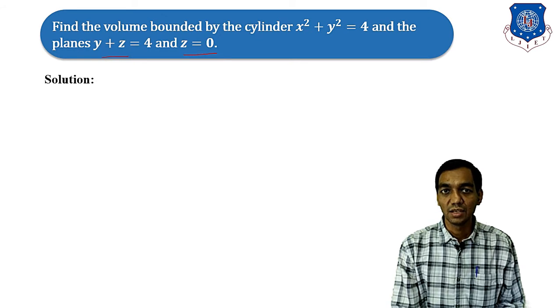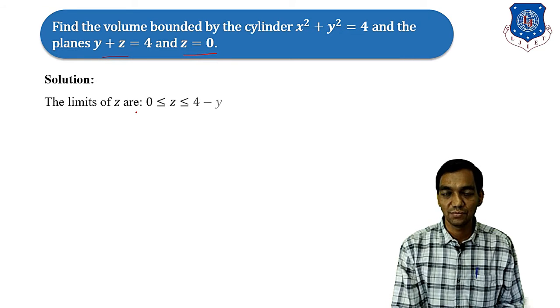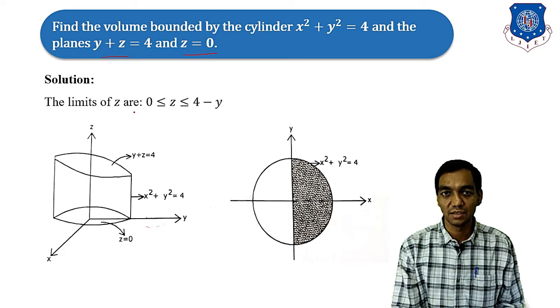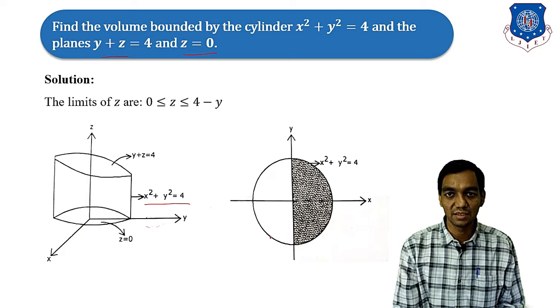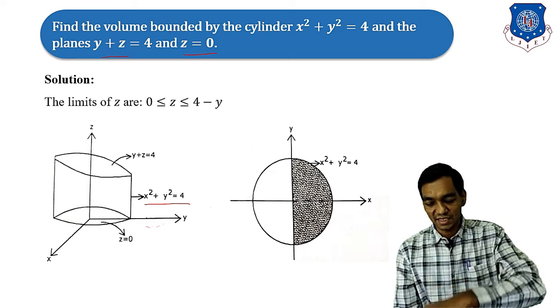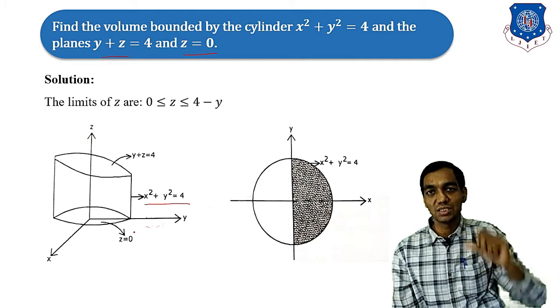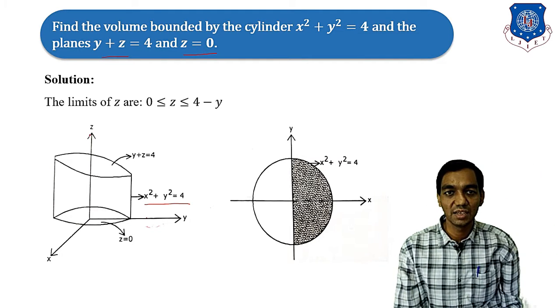Now see, if you are starting with a solution, then first you have to put the limits of z. Now this is the region of the cylinder. See, x square plus y square is equal to 4. In 2 dimensions, it is a circle like this. And if you extend that circle in the 3rd dimension z, then it is going to be a cylinder like this.